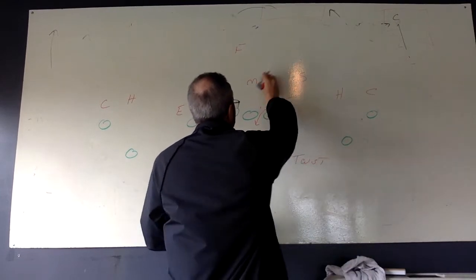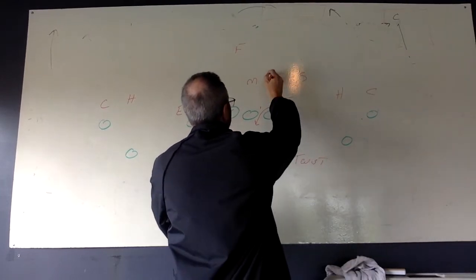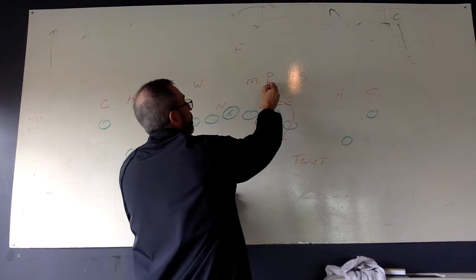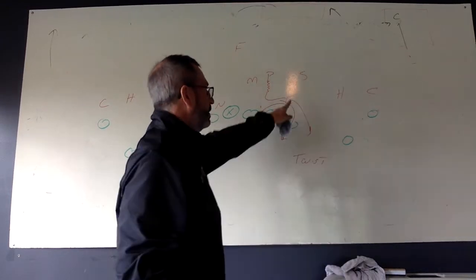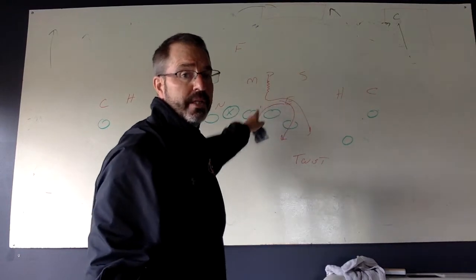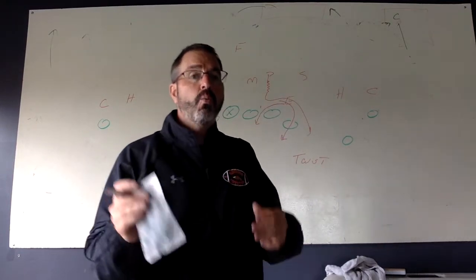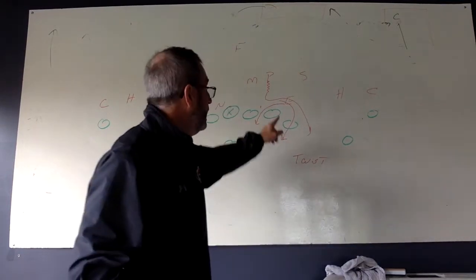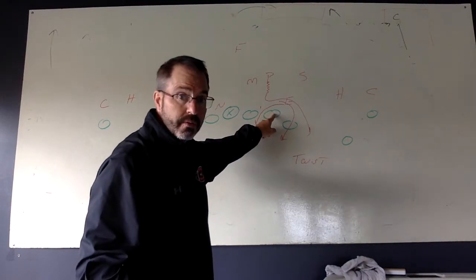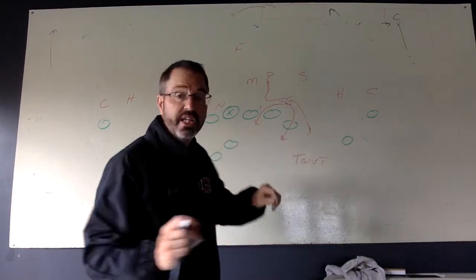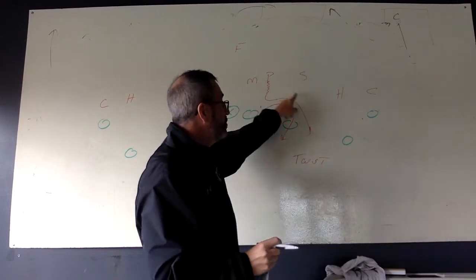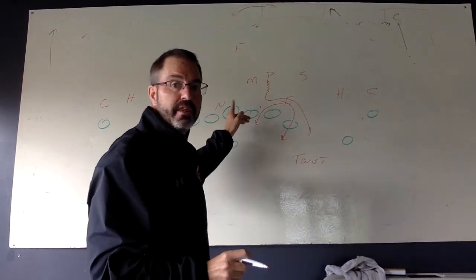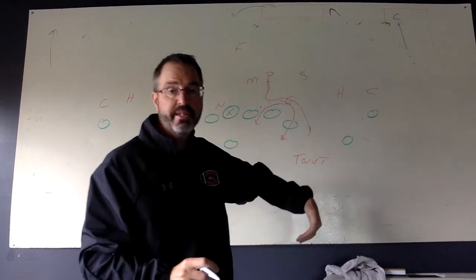Let's imagine that pistol starts here, go, ready, hut, and he goes to the outside, while Tom or Liam slams to the inside. What we're hoping happens is that this tackle turns his shoulders with the end to the inside, and there's nobody to pick up the pistol or whoever it would be coming to the outside.